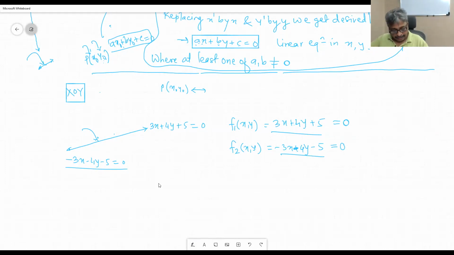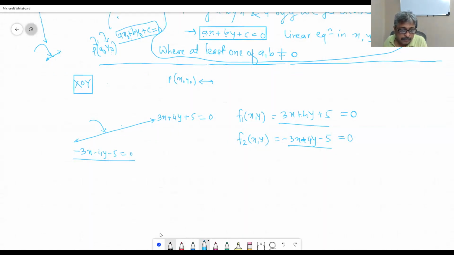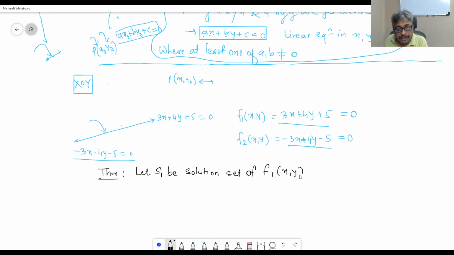Let me write down the theorem for that. Let S1 be the solution set of f1 of x comma y is equal to 0. Let k belong to the real numbers, k not equal to 0.